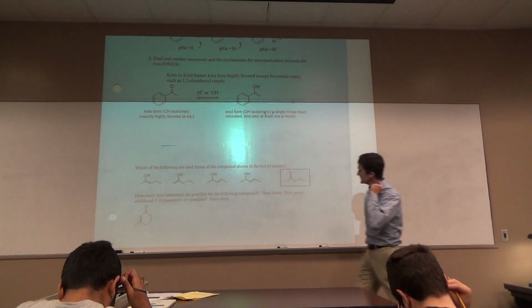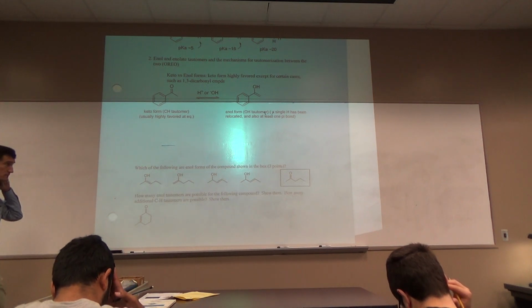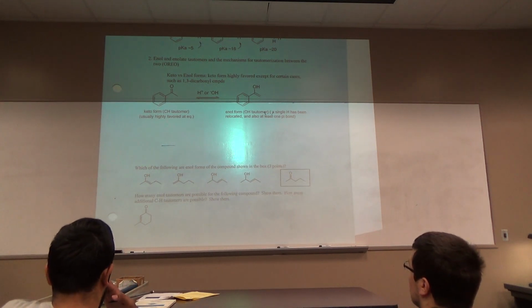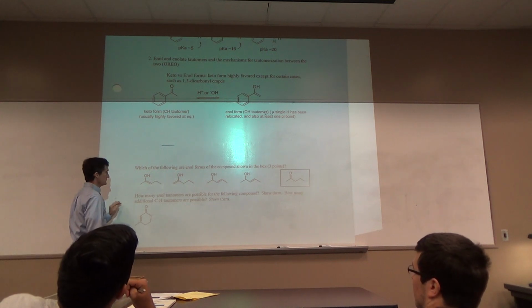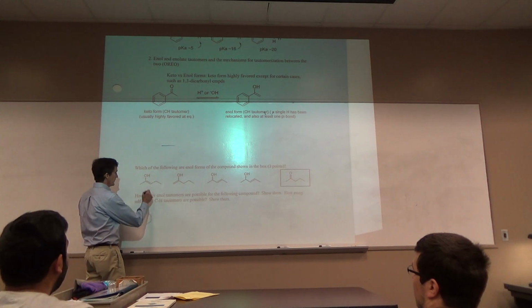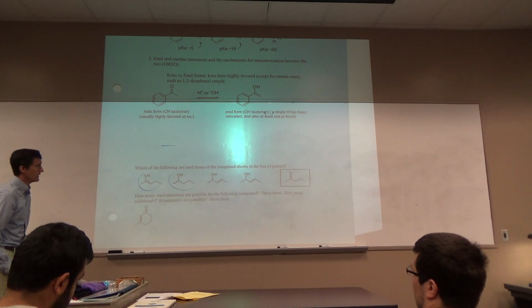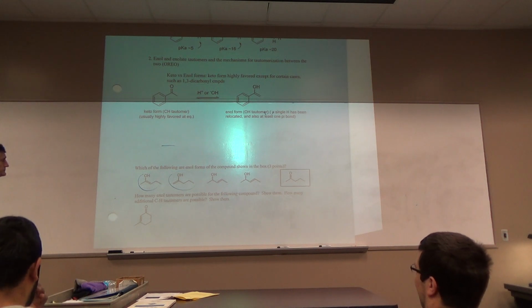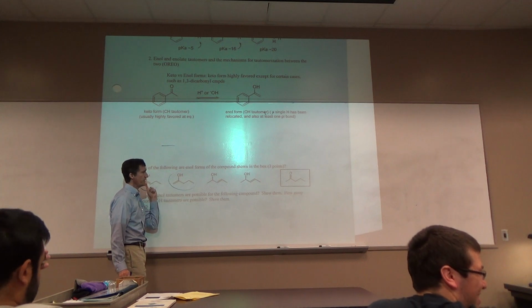More on tautomers. Which of the following are enol forms of the compounds shown in the box? First two. Should be pretty straightforward. These are actually the only 2 enols up here.